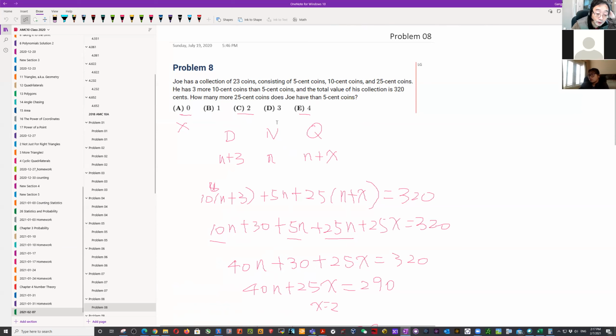So basically, I am defining the numbers of dimes, nickels, and quarters by only two variables. One is n, which represents the number of nickels, dimes is n plus 3, and quarters is n plus x. X is how many more.